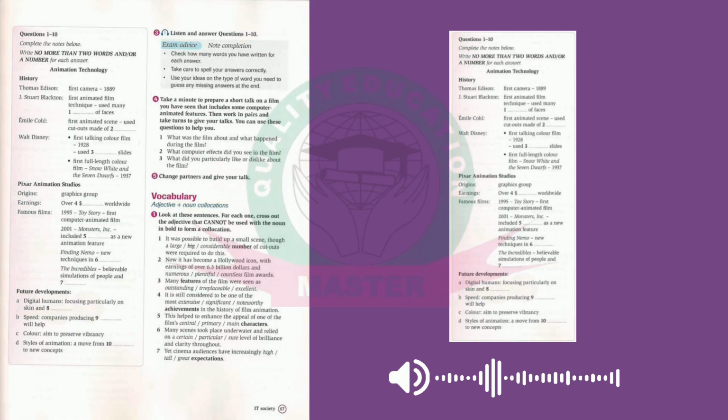So each of these films introduced new types of physical phenomena, and these days 3D animation can recreate most real-world scenarios. Yet cinema audiences have increasingly high expectations, so how do companies like Pixar plan to meet the challenges of the future?